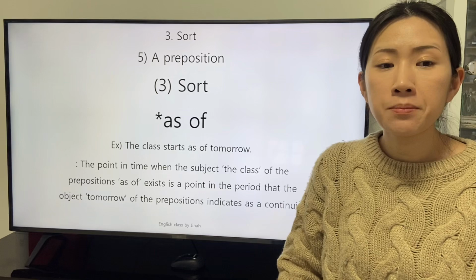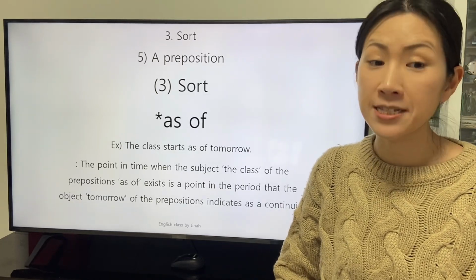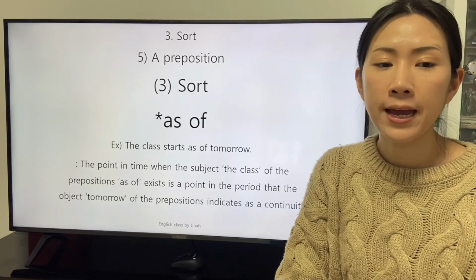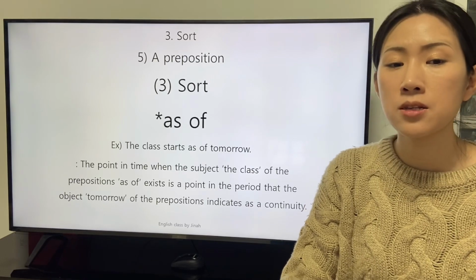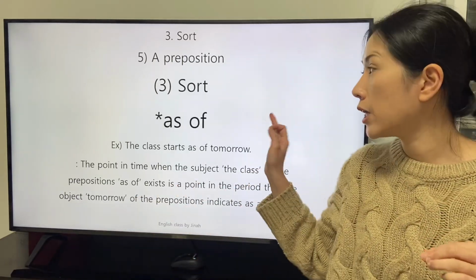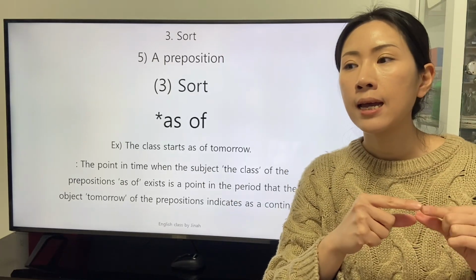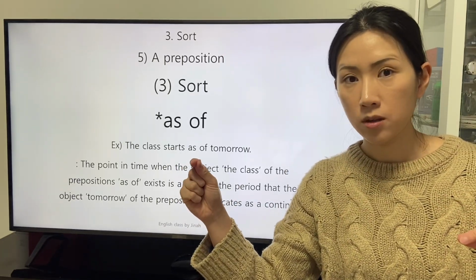The point in time when the subject, the class of the prepositions "as of," exists is a point in the period that the object tomorrow of the prepositions indicates as a continuity. The object tomorrow can be considered as a continuity of time.